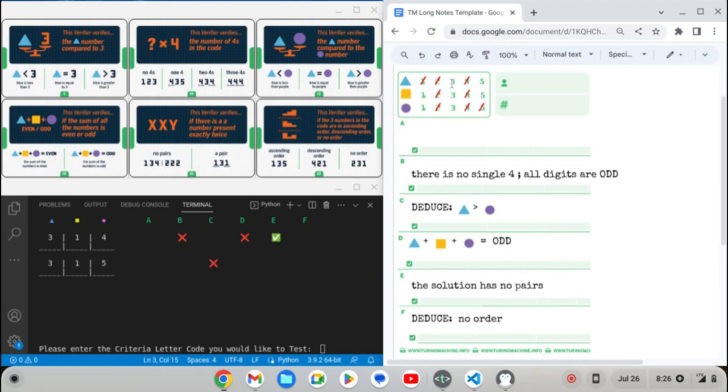If it's a 3, it would have to be 3, 5, 1 because it can't go 3, 1 with no 5. So it'd have to be 3, 5, 1, and that's the only possibility for 3. If it's 5, it can't be 5, 3, 1 because that's descending, and we already said it has to be no order. It would have to be 5, 1, 3.